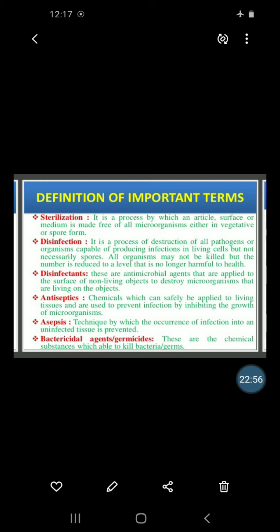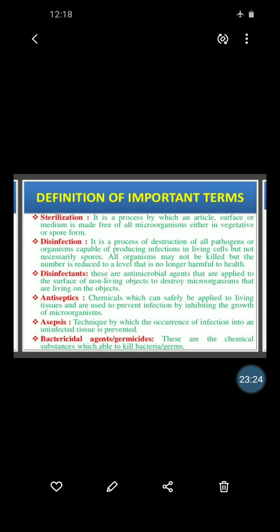For 160 degrees Celsius, the time is 2 hours. Then 170 degrees Celsius, time is 1 hour. Then 180 degrees Celsius, time is 0.5 hours, it means half an hour. This is the temperature time relationship, which is important for MCQ.